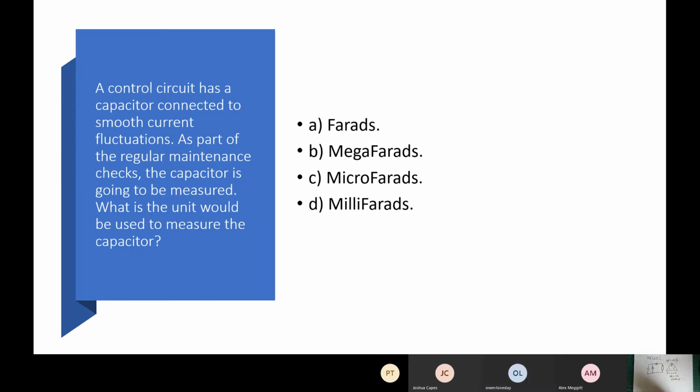I'm guessing it's farads. It is. Why did you guess that? Well, you sort of put the answers up. If you look at the other three answers, they're all just fractions, aren't they? Mega, as in a million. Micro, a millionth. And milli, a thousandth.